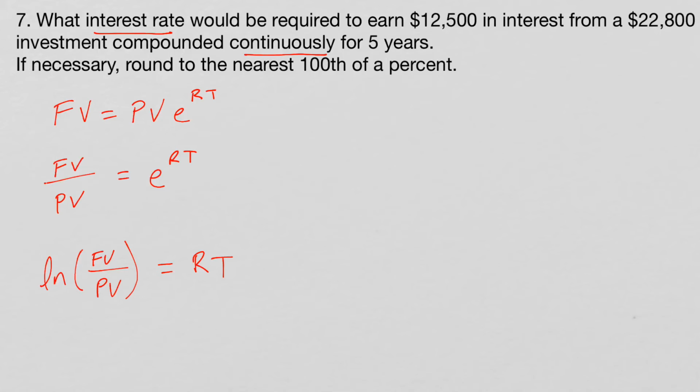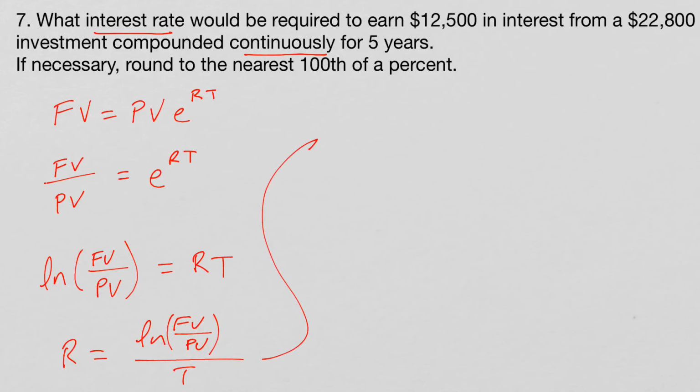So finally, if we're solving for rate, I'm going to make this a little nicer. Rate is equal to the log of future value over present value, I'll put those parentheses, over t.